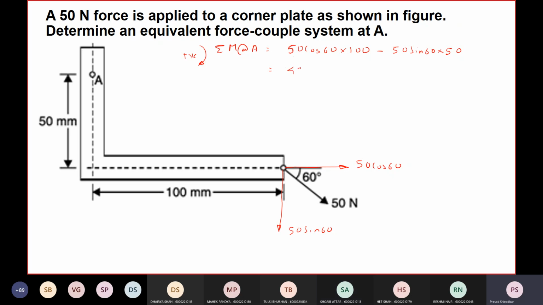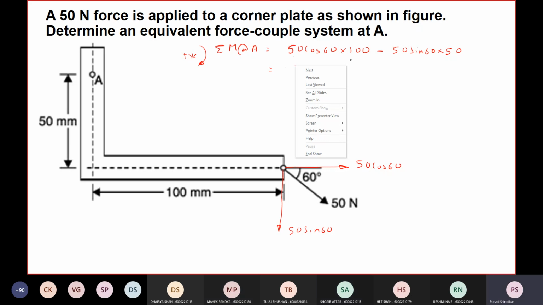Sir, cos 60 is half, isn't it? So 50 into half is 25, isn't it? Okay, yes, so 25. So what are you getting? 334.93.